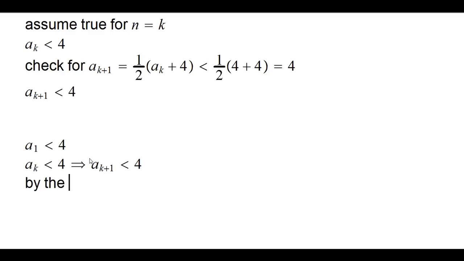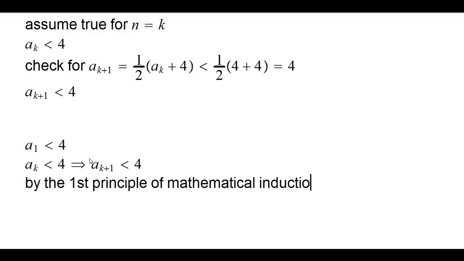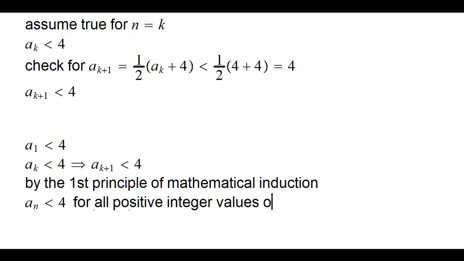So by, some people call it the first principle of mathematical induction, by the principle of mathematical induction, we can say that a_n is less than 4 for all natural numbers n, for all positive integer values of n. So we found one part conclusively, that a_n is going to be less than 4 for every term.